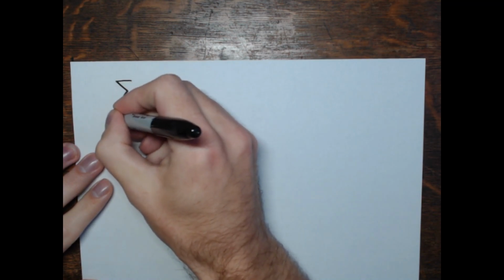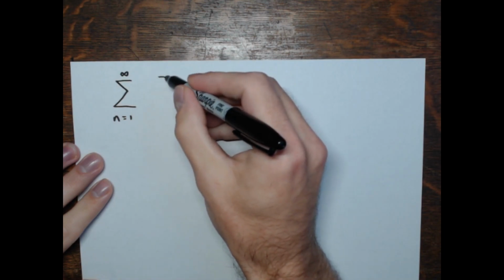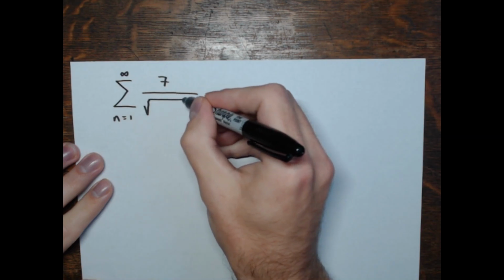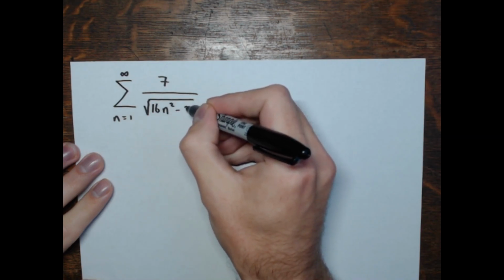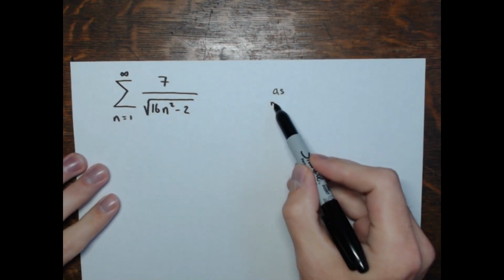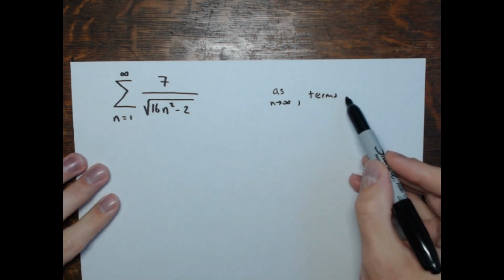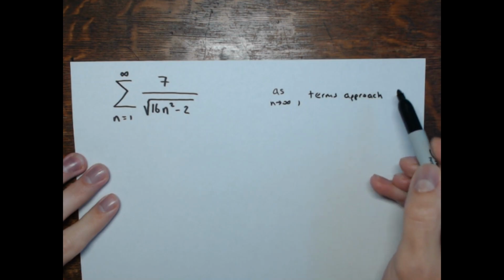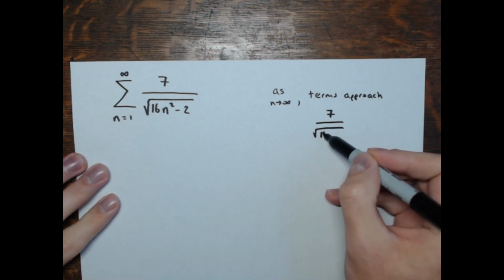The sum from n equals 1 to infinity of 7 over the square root of 16n squared minus 2. So again, as n goes to infinity, the terms of this sum would approach 7 over just the square root of 16n squared.